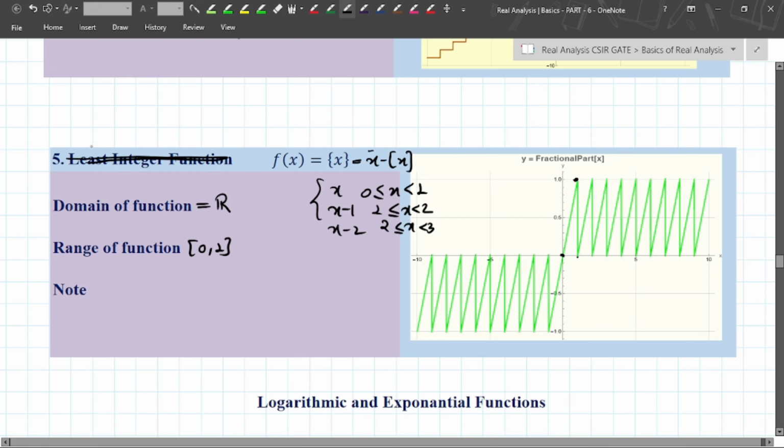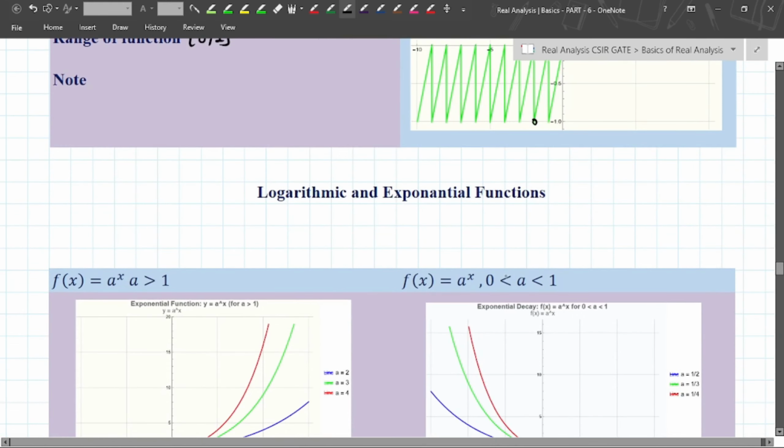Okay, it is taking like this. Until it reaches 1 it keeps increasing, and when it reaches 1, it will come to 0 again. Here, if it reaches minus 1, it will be 0. Okay, this is the property of this function.